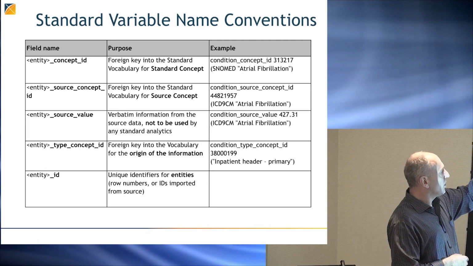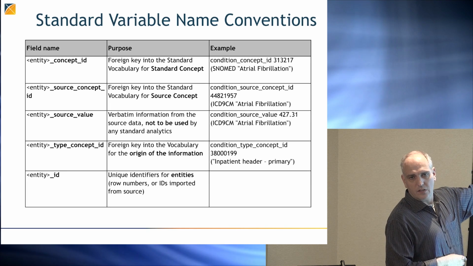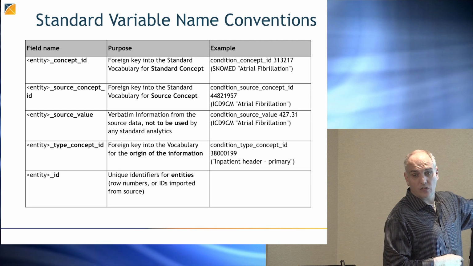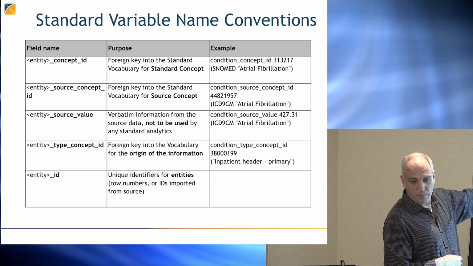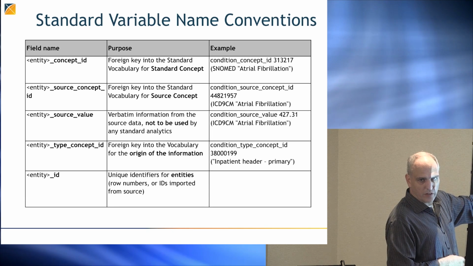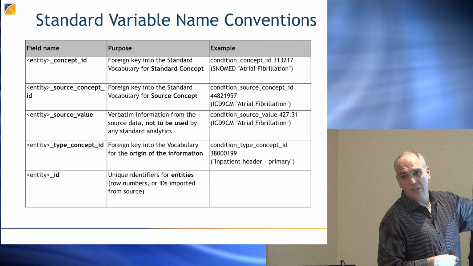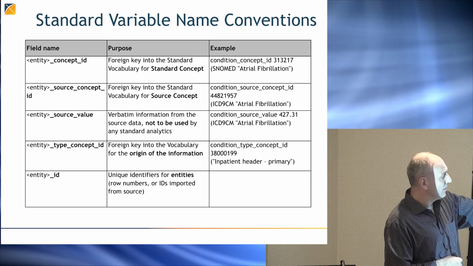The concept ID is an important one. This defines what the entity actually is. The source concept ID is what the source said it is. You're going to learn that we map from here to here, and that's not always perfect. And people have a lot of anxiety, so they can't see the source. The source value is how they call it, because we conceptualize everything. You're going to see that too in a minute.